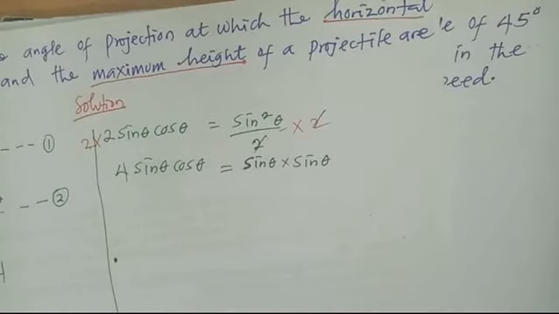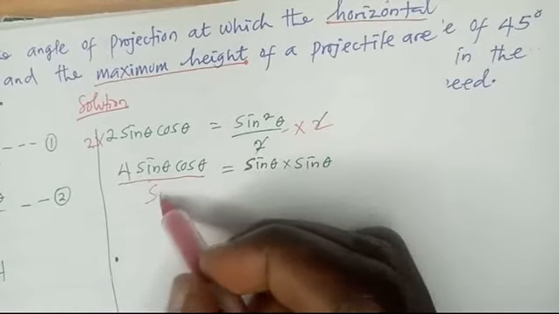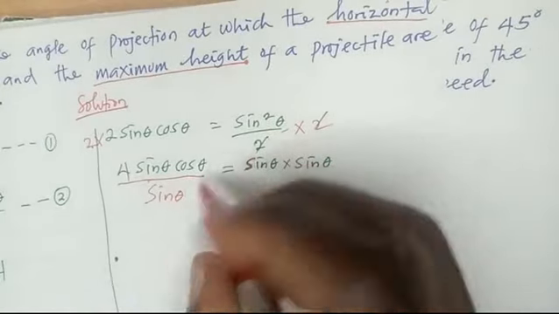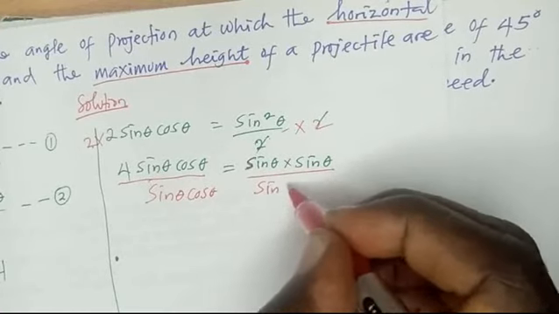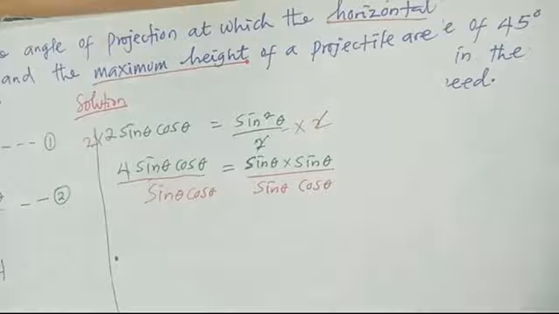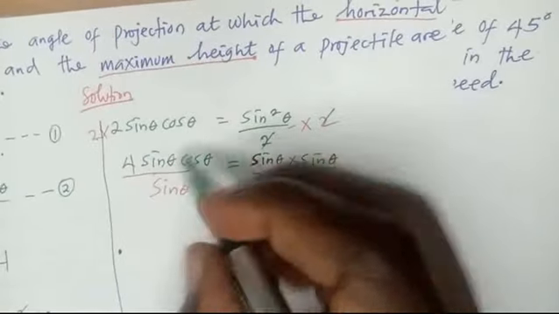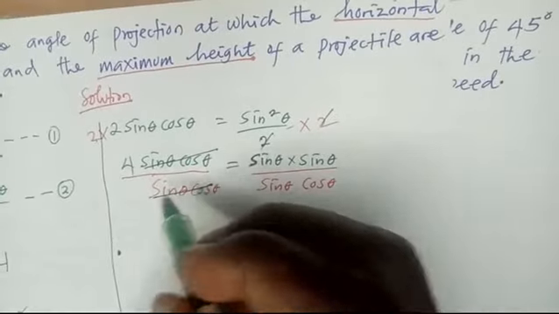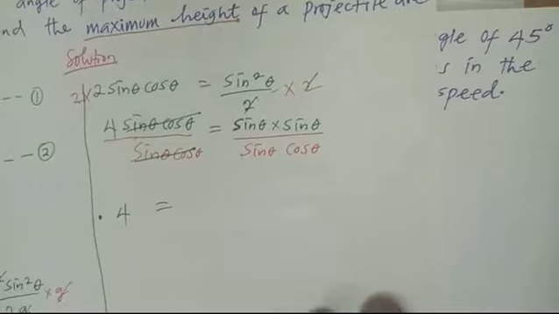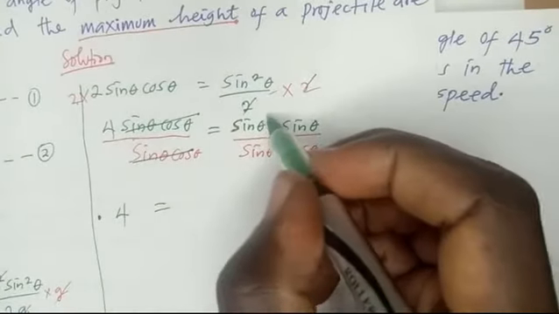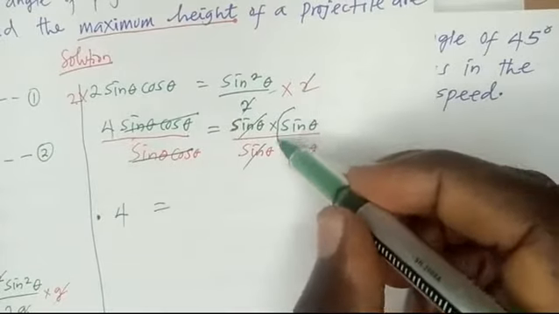Now as it is like this, I can divide both sides by sine theta cos theta. When I do that, clearly sine theta cos theta vanishes on this side, and I have 4 equal to, on the other side, sine theta cancels sine theta, so I am left with sine theta over cos theta.